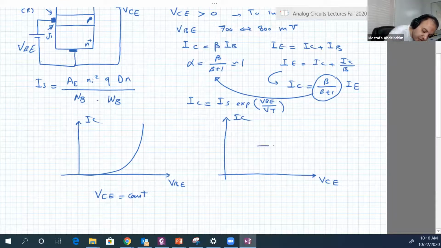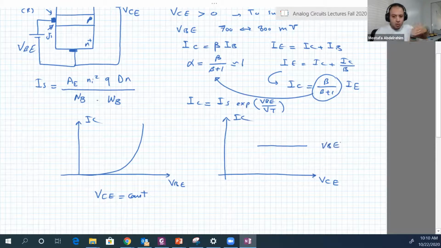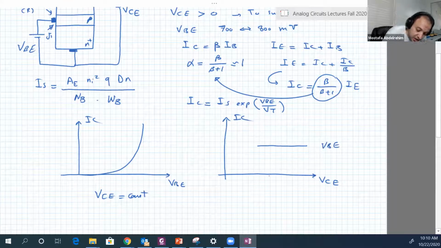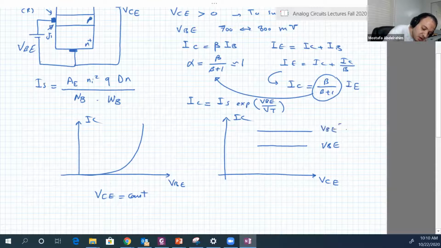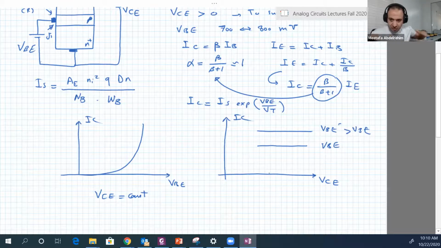So, for example, if we fix VBE at some value and we increase VCE, we get a constant like this. If we increase VBE, so for example VBE dash, IC will increase, but then if you change VCE again, IC will be fixed.